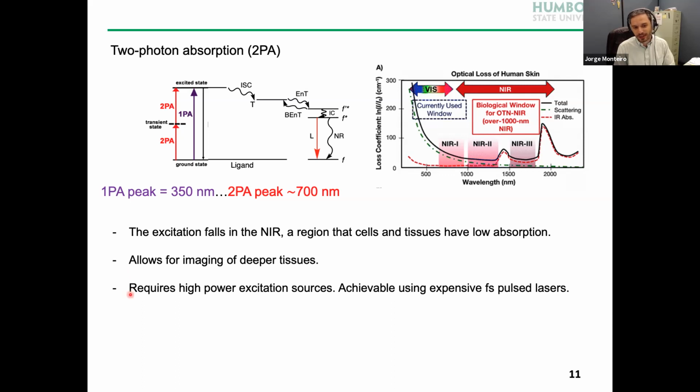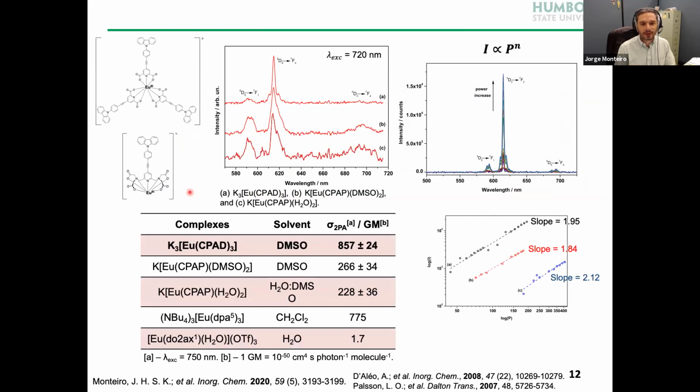Biggest problem here, it requires high power excitation sources, and we need expensive femtosecond pulsed lasers to get this process going. So we tested the complexes, and now notice here that my excitation is in the NIR, and we still get emission in the red, okay?